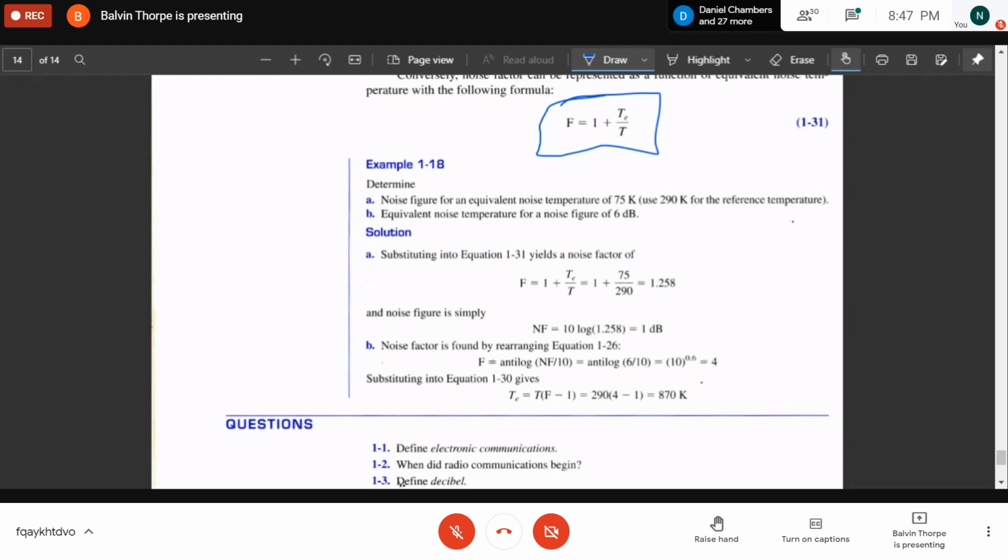And we calculate to get the noise factor to be 1.258. And we can find the noise figure by just taking 10 log of the noise factor to get it in terms of the noise figure.